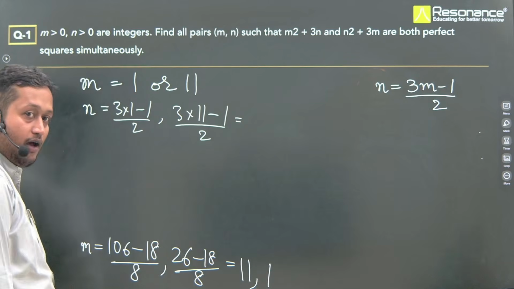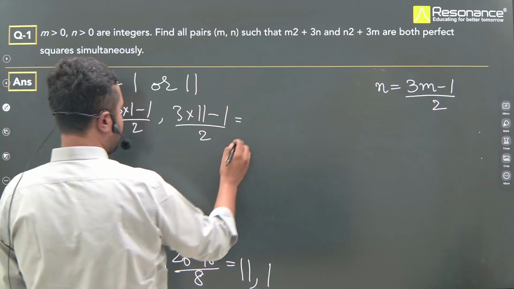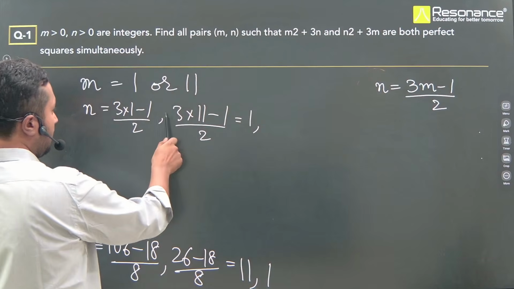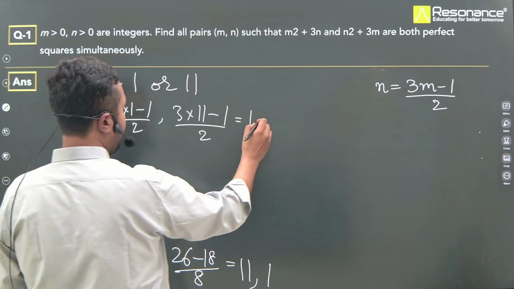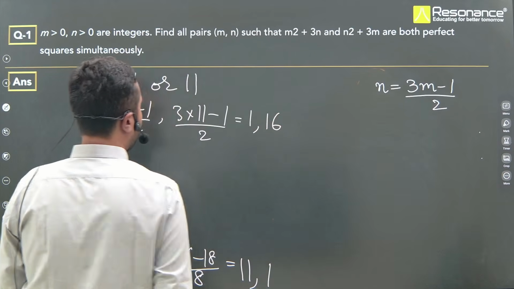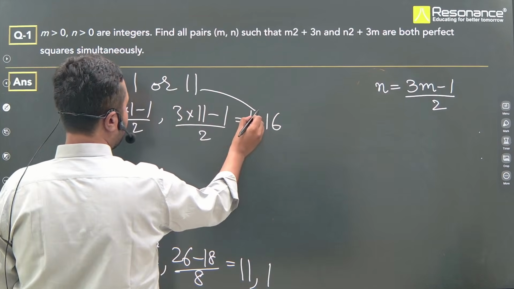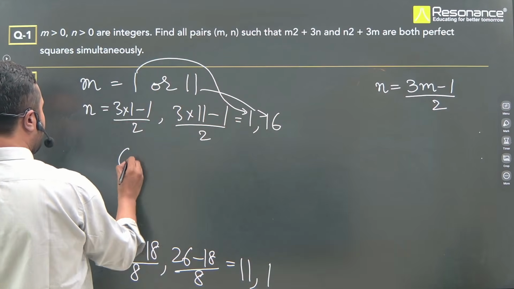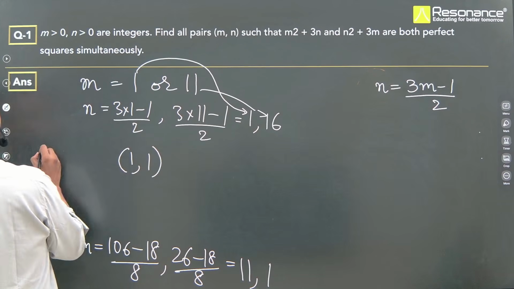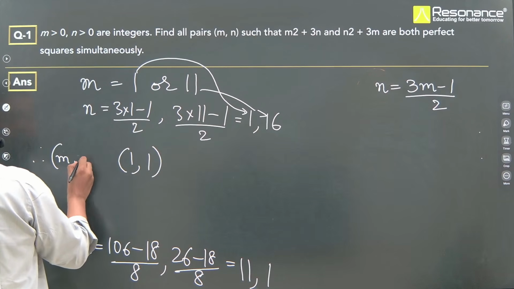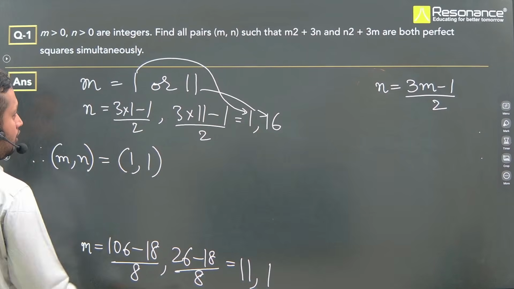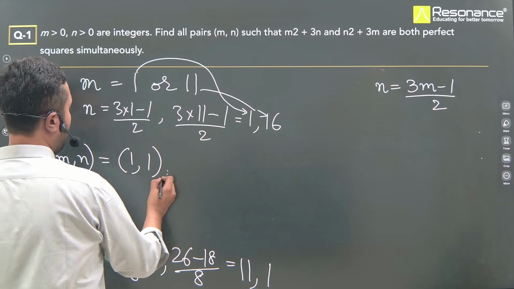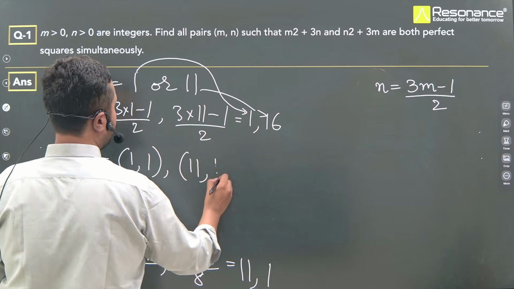And what are those two values? 3 minus 1, so that's 2 by 2, 1, and 33 minus 1 by 2, so 16. That corresponds to 11, and this corresponds to 1. So what are the solutions? m comma n is equal to 1 comma 1, corresponding to this, or 11, 16.